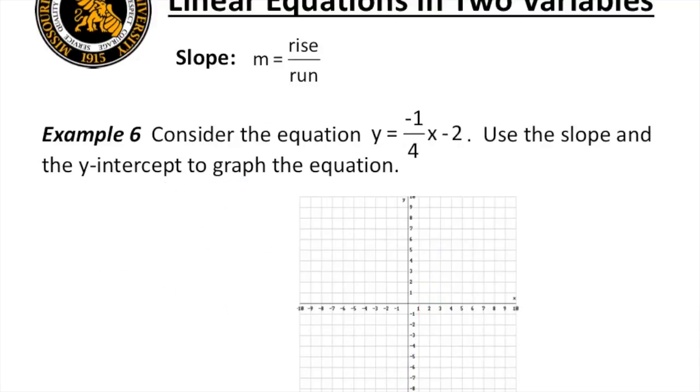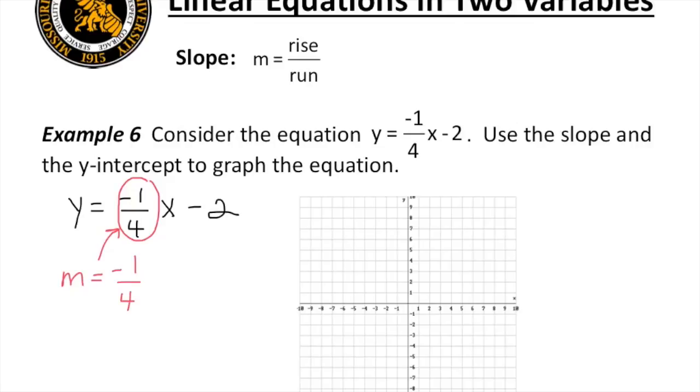In example 6, we're considering the equation y equals negative 1/4 x minus 2. The negative 1/4 tells us our slope, and the minus 2 gives us the y value of our y-intercept. So plotting our point at 0, -2, we now use our slope to determine additional points.